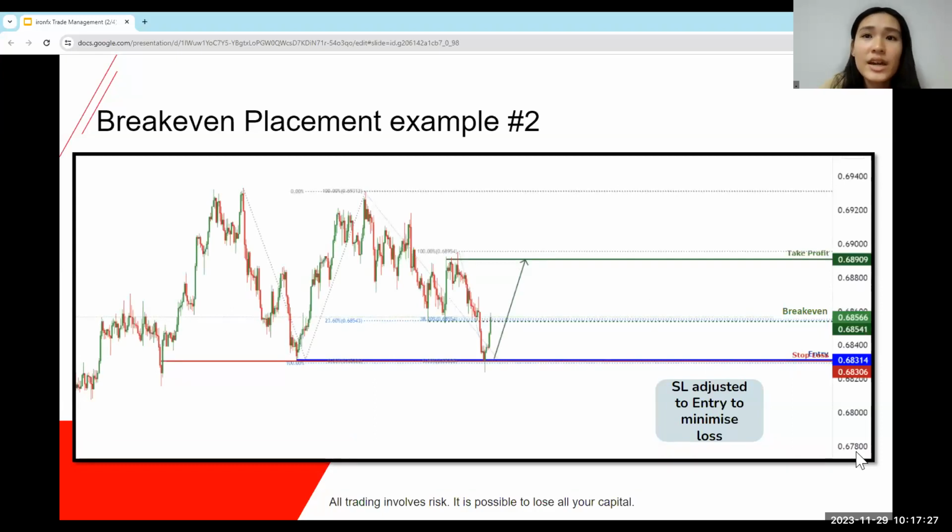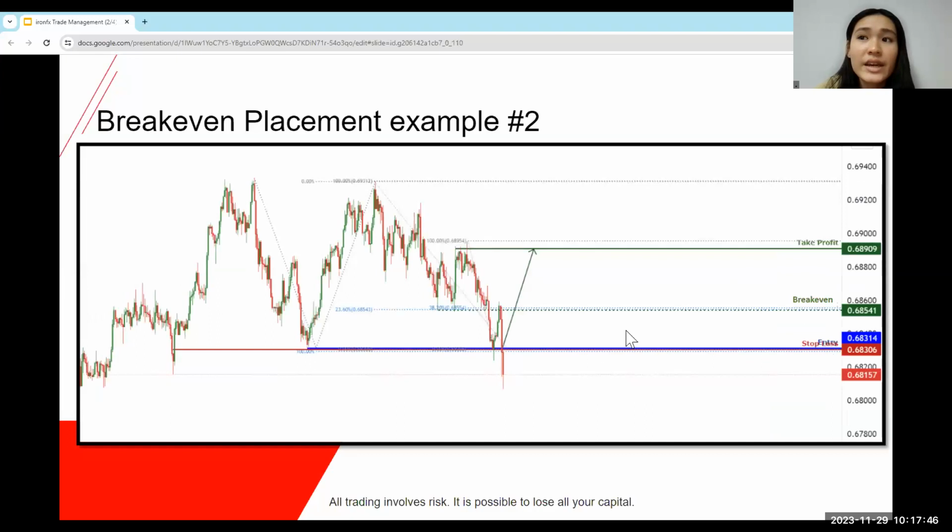Because we are using a break-even as well, not only did we get our partial profits, we are also moving our stop loss to our entry level, so that if it reverses off of this confluence area, we can get out at break-even. And you can see that's exactly what it did.